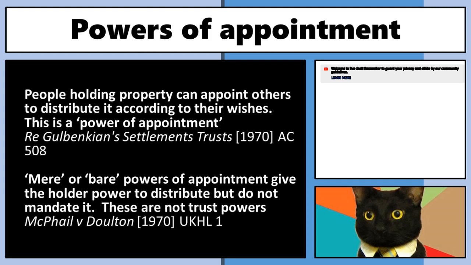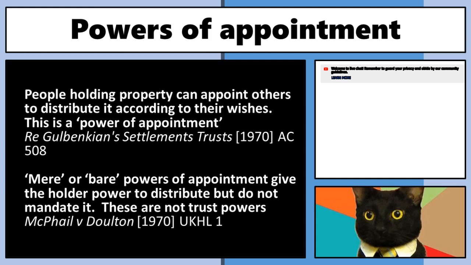All right, so now you would have probably heard of those terms. Here's one you probably haven't heard of, which is to do with powers of appointment. That is a technical legal phrase to do with giving your property to others for a specific purpose.